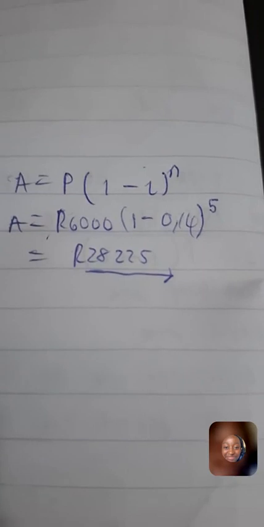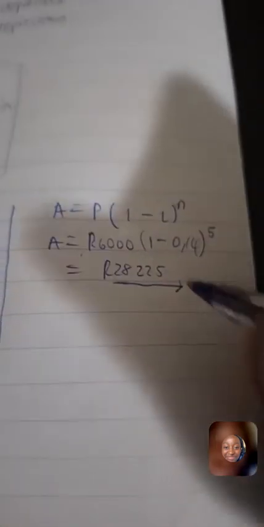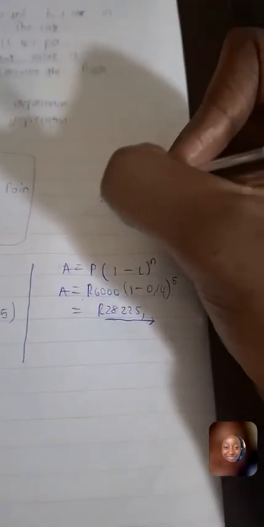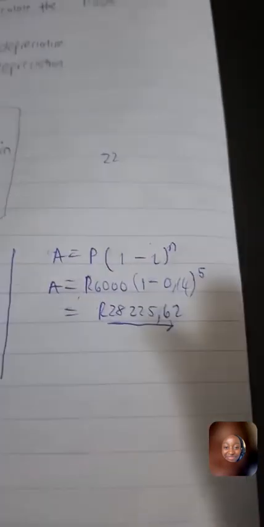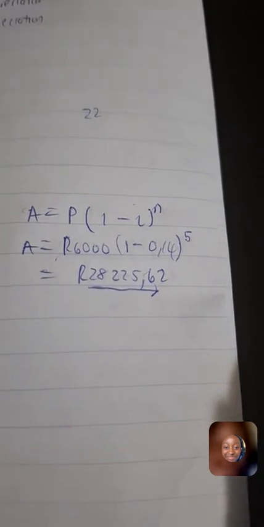What do you have after the comma in your actual calculator? It's 28225 comma 62. Awesome. Good job. 100% correct. Two decimal places, comma 62.